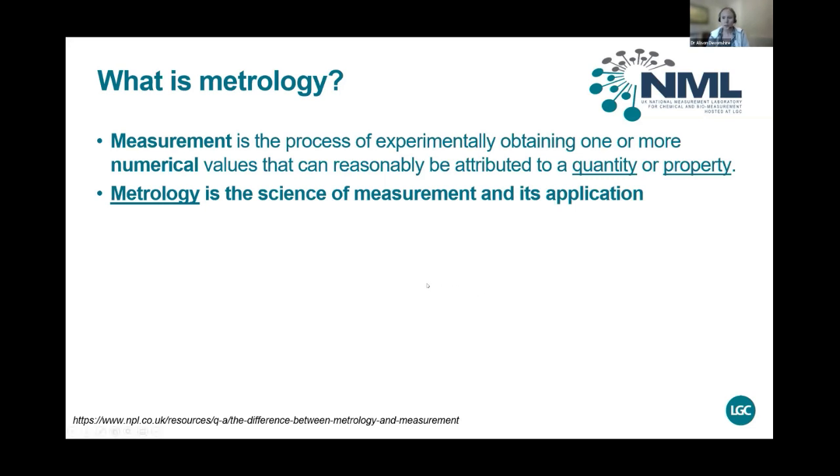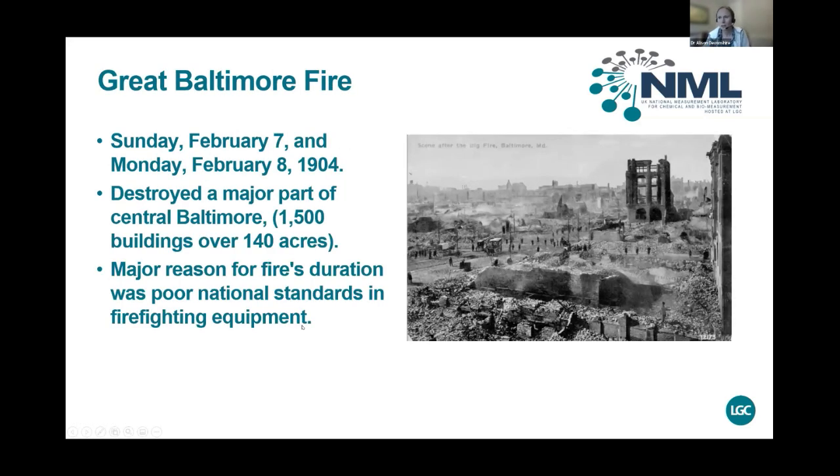So why does measurement matter? I'm going to give you an example of something quite far from the MRD application. Going back over 100 years, there was a very large fire in Baltimore, and it destroyed a major part of central Baltimore. A major reason for the fire's duration was the poor national standards in the firefighting equipment.